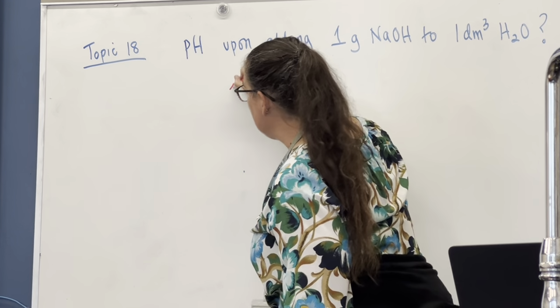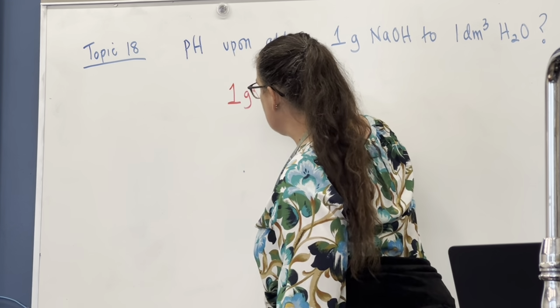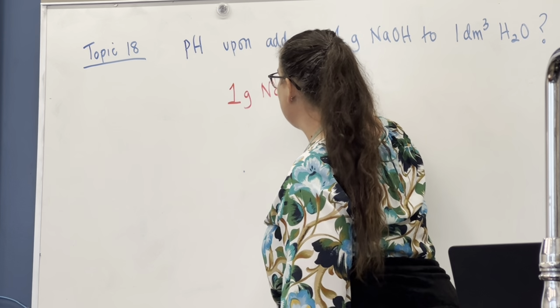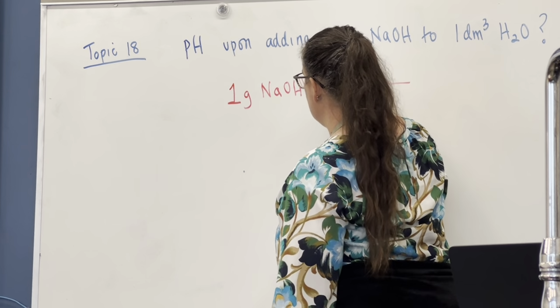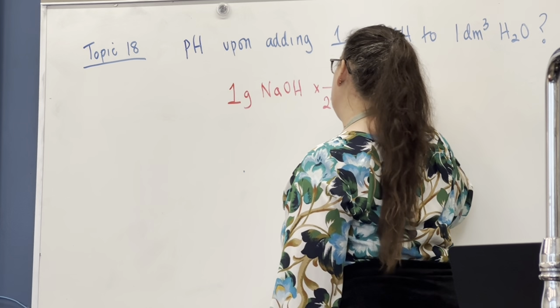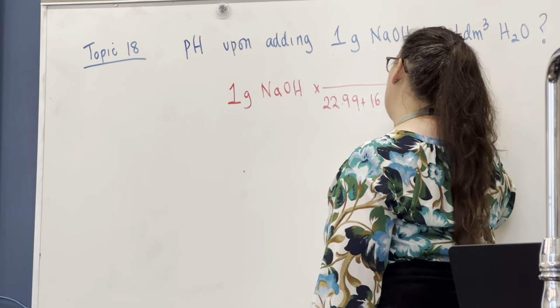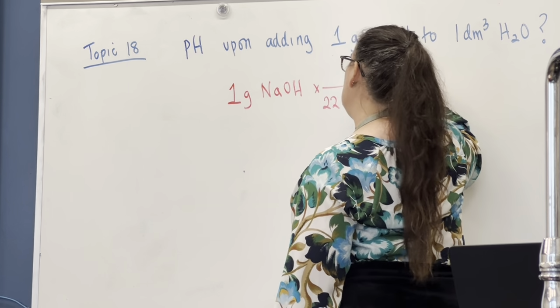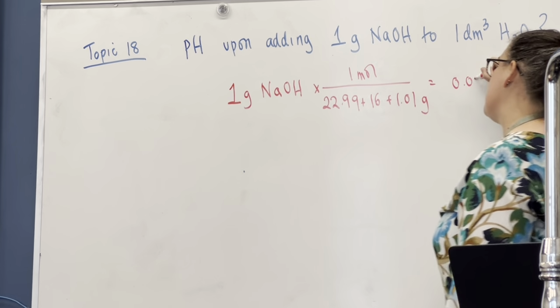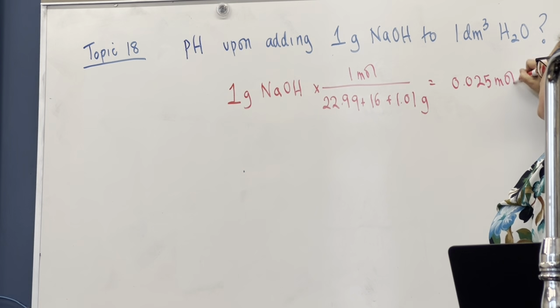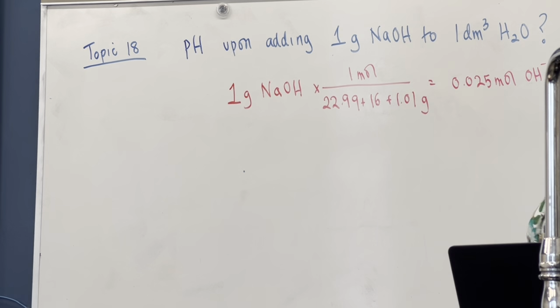So I hope what you did was you took 1 gram of sodium hydroxide and you looked on that beautiful periodic table and you said sodium's 22.99 and oxygen and hydrogen is 40 grams per mole. So you had about 0.025 moles of sodium hydroxide, which is a fancy way of saying hydroxide.